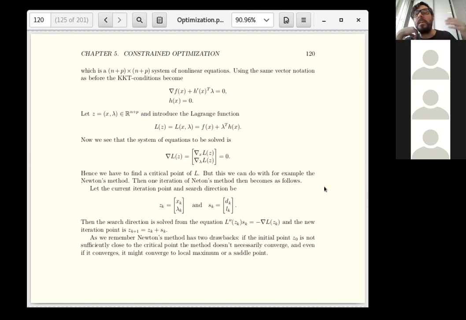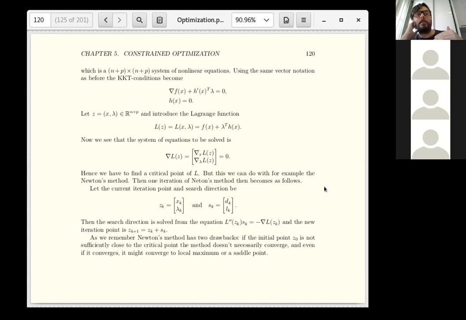If there are p constraint functions, then this new vector has dimension n plus p. In my example, it's 3: x, y, and lambda. We call this the Lagrange function, which is simply defined as f of x plus lambda times h of x, and if h is a vector, then it's lambda transpose h of x.